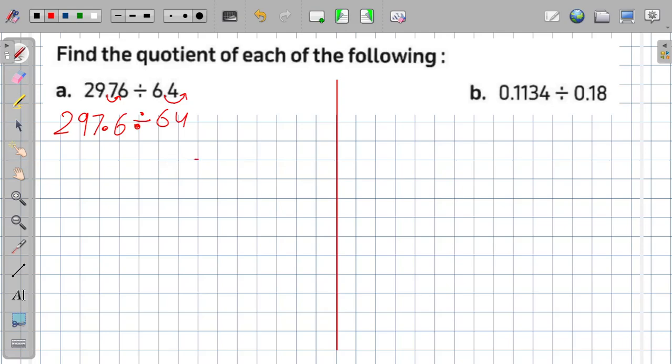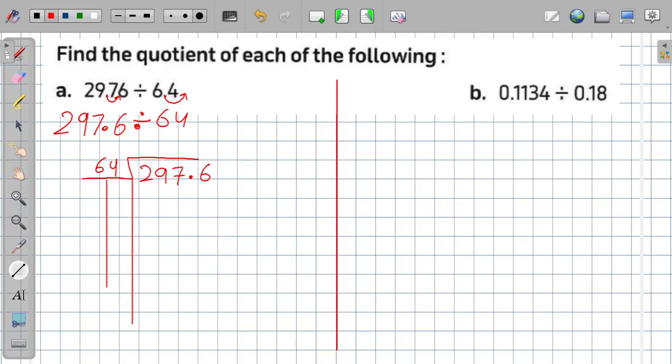Okay, so let's try to get the answer by the algorithm. So I have 297.6 divided by 64. First, let's try to make the timetable.